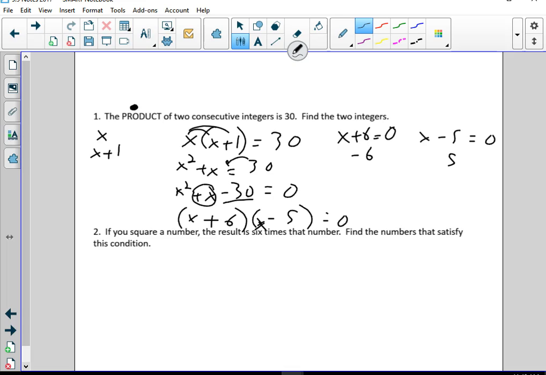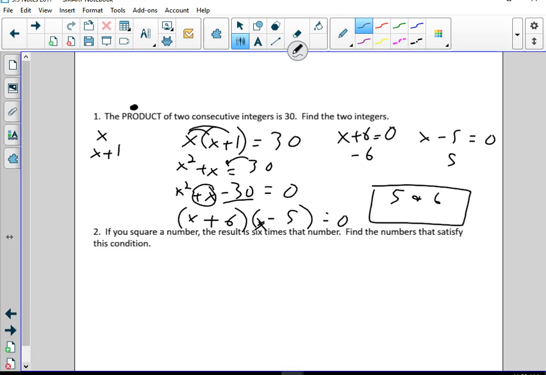So, most of you, the reason I said you can't just guess is most of you were wanting to say, oh, the answer is easy. It's 5 and 6. And that is correct, right? Okay. But look at my other answer, negative 6. What's the next number after negative 6? No. Negative 5, right?